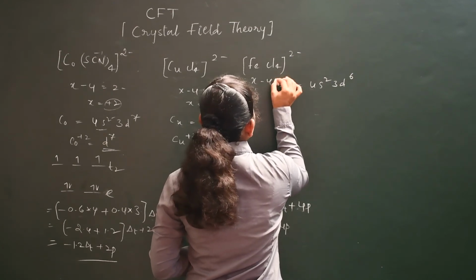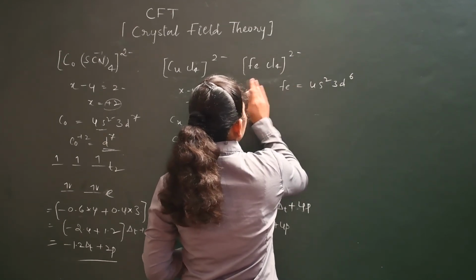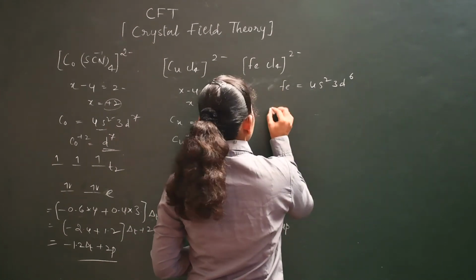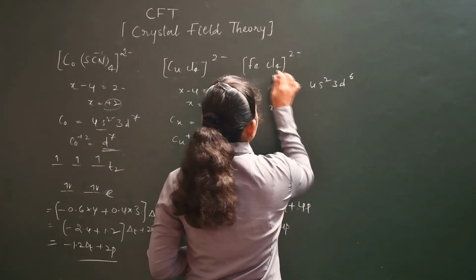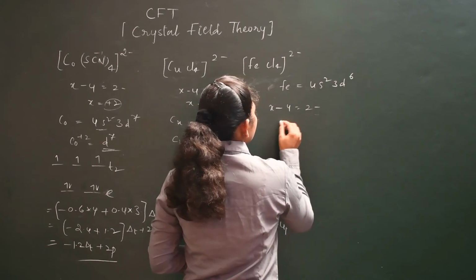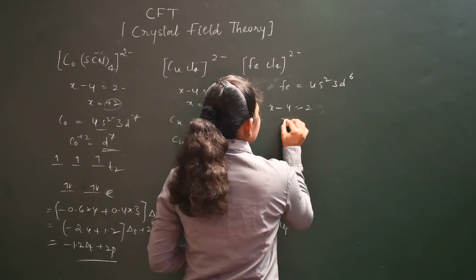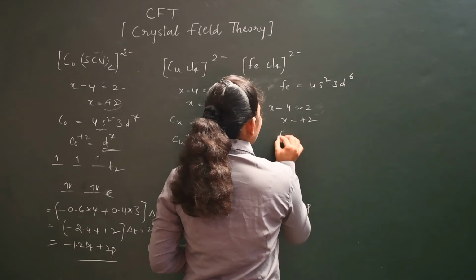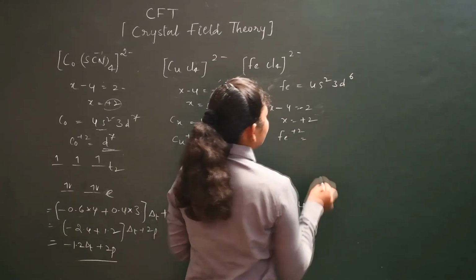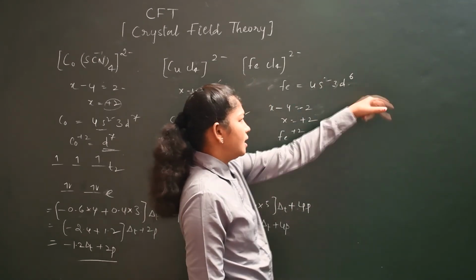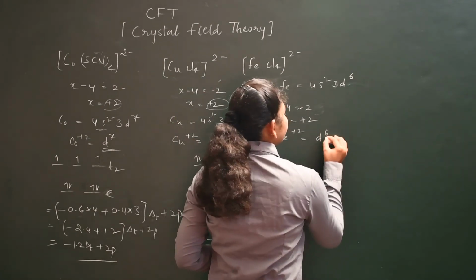X minus 4 is equal to minus 2. So X is equal to plus 2. So now you have to do Fe plus 2. Fe plus 2 means these 2 electrons will go off.